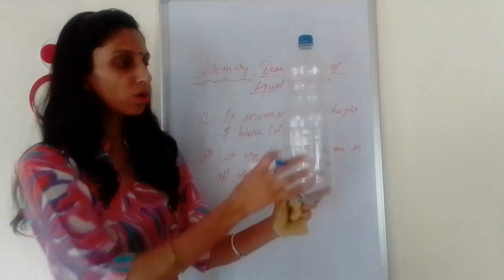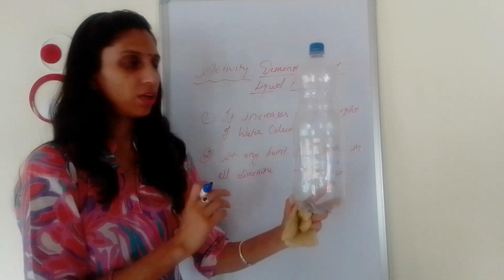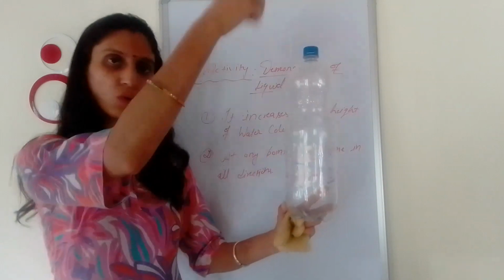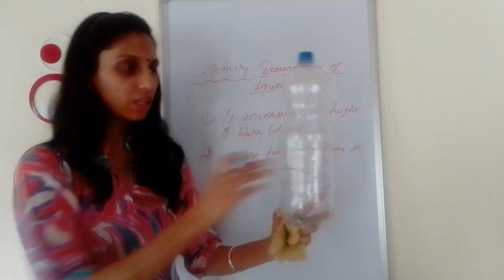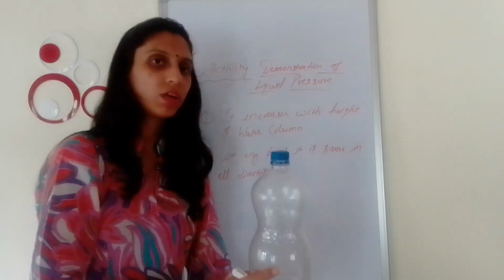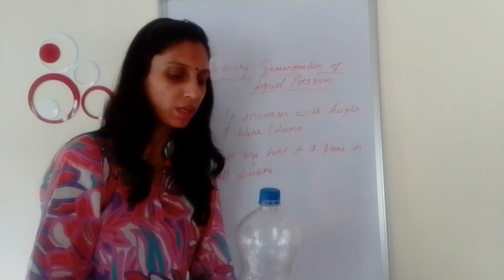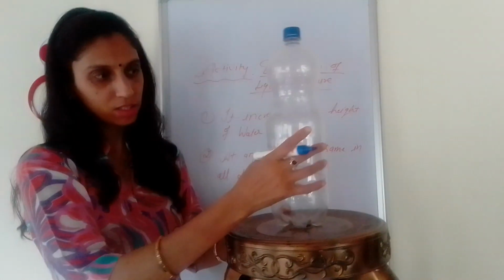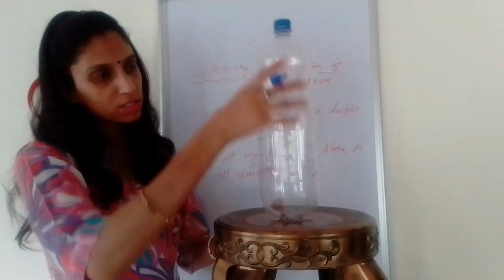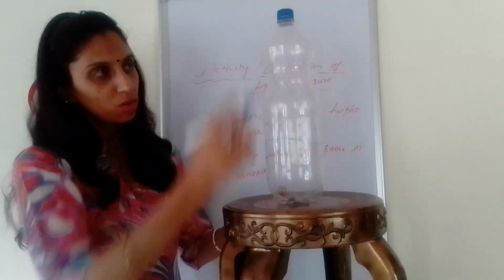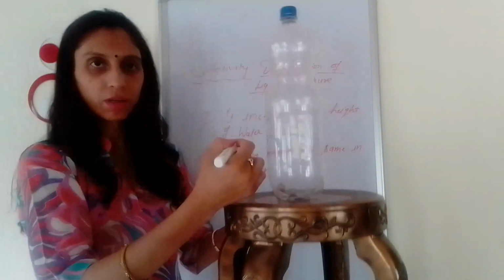Okay, so how will we observe the liquid pressure here? We will pour the water into the bottle and keep it on some support. You can place it on any table like this, and when you place it here, then water will start coming.